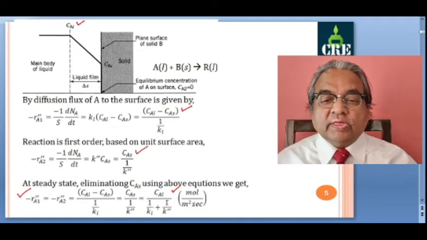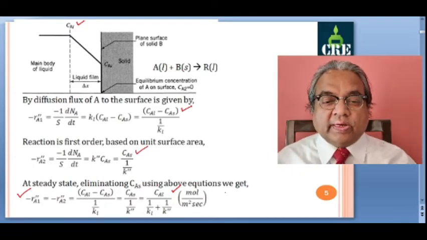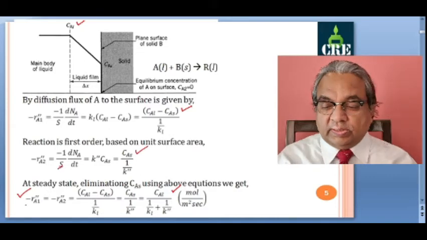This total will give you the overall resistance, and the reciprocal of this will give you the overall coefficient. And this rate is in mole per meter square of surface area per second.